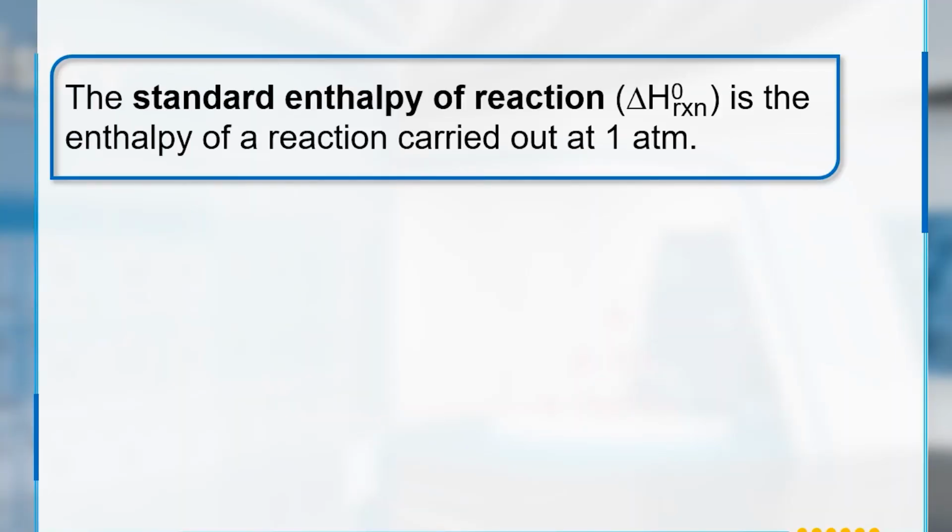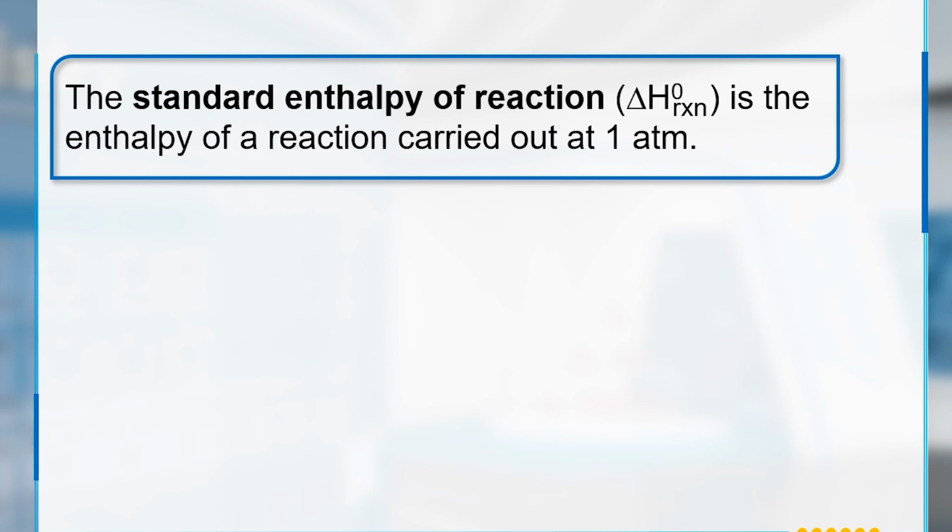The standard enthalpy of formation is a very powerful tool for calculating the standard enthalpy of reactions. The standard enthalpy of reaction is the enthalpy of a reaction carried out at 1 atmosphere pressure.